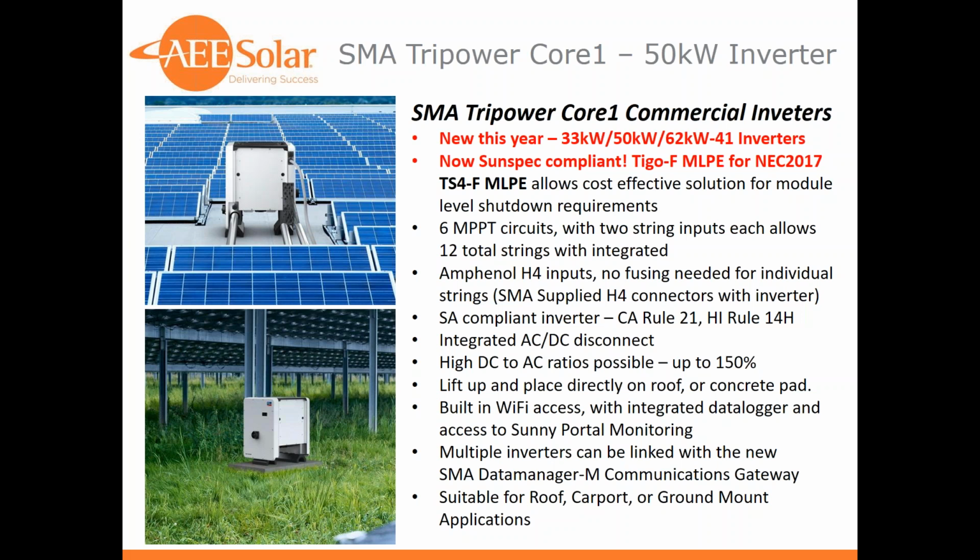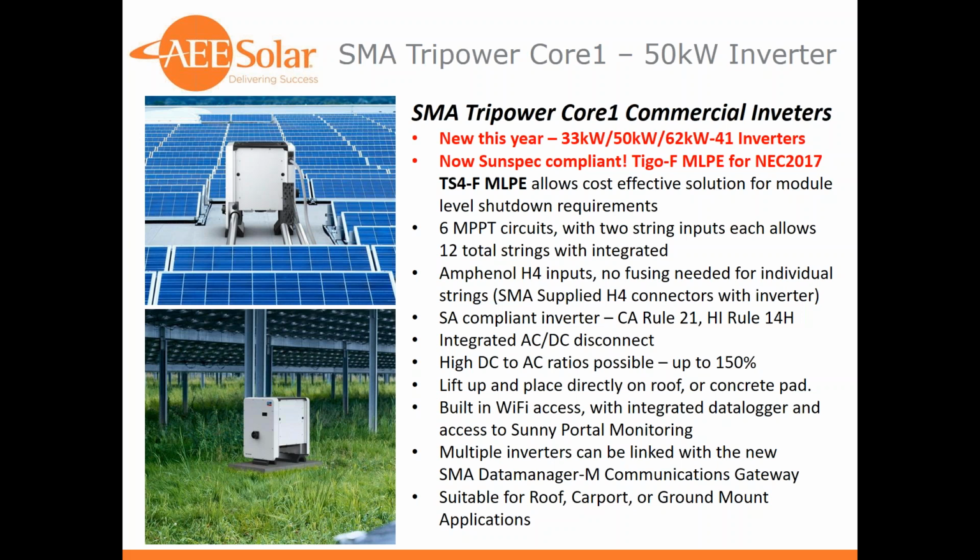The SMA Core 1 inverters are really handy, very self-contained units. They ship on a pallet. They have 6 MPPT circuits, and they will allow up to 2 strings to each of those MPPT circuits, so you could bring up to 12 1,000 volt strings into each inverter.